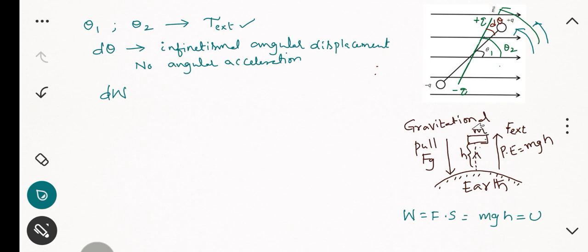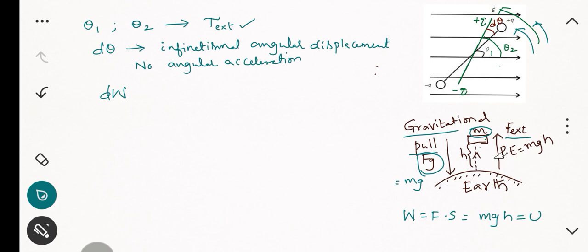If a body of mass m is falling from a height h, then there is no requirement of any external torque. It will freely fall due to the gravitational pull. This gravitational pull is due to the gravitational force Fg, whose value is equal to mg.